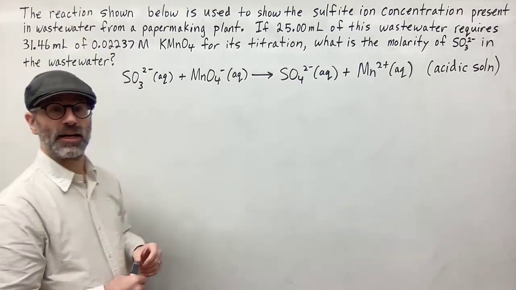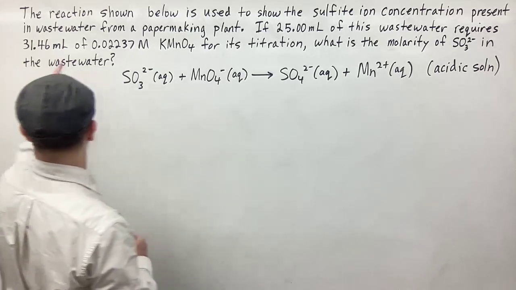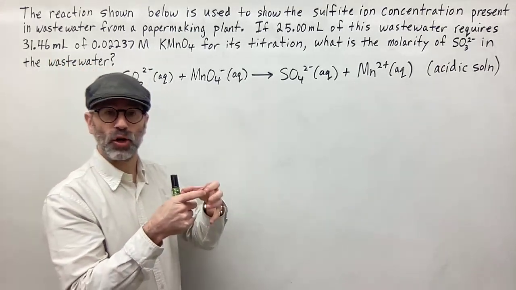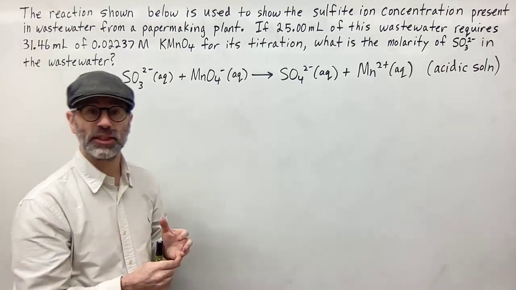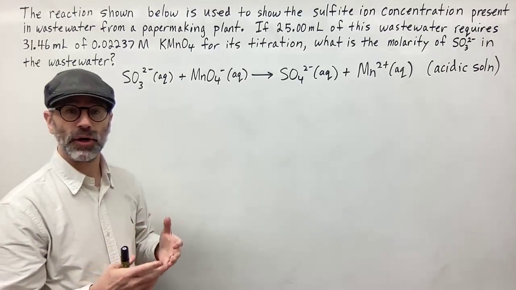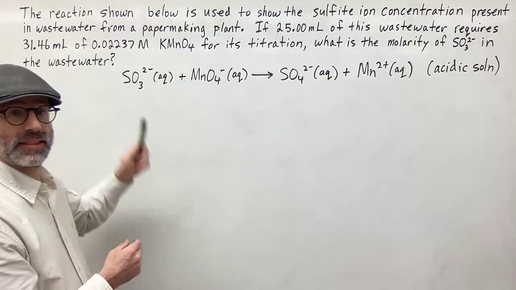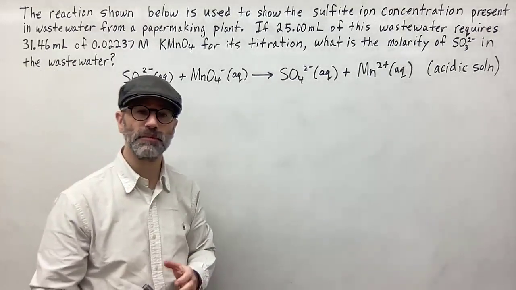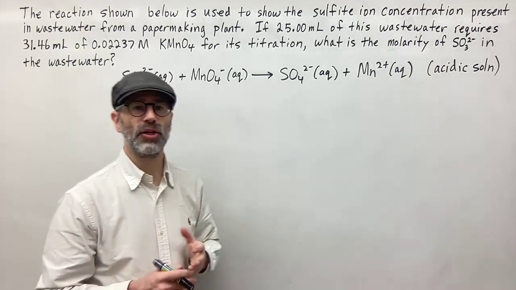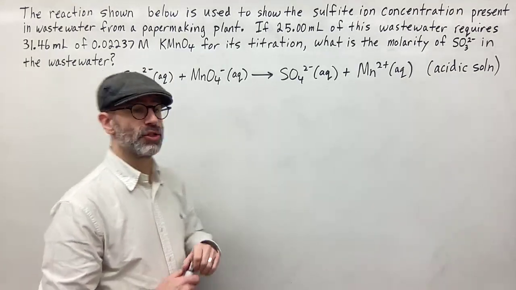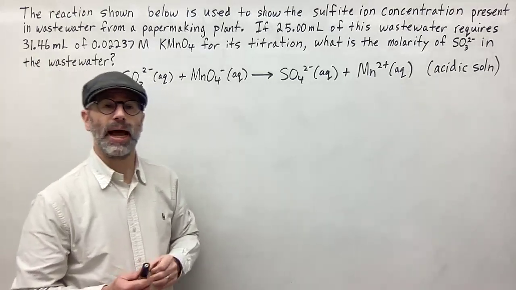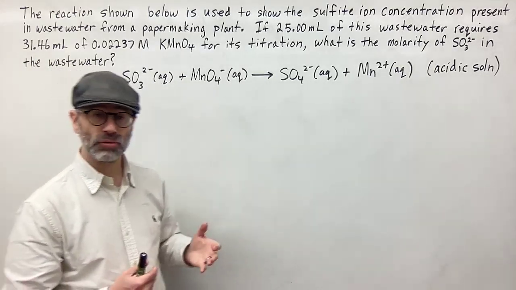We're going to add our KMnO4 to the Erlenmeyer flask until it reaches the end point. At that point, they say that we've added 31.46 milliliters. And so what we need to do is start with the 31.46 milliliters and convert that to moles, right?